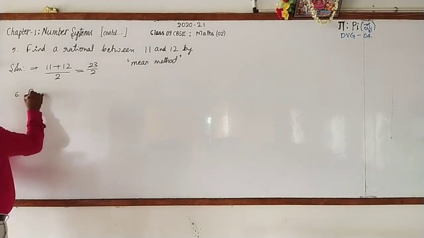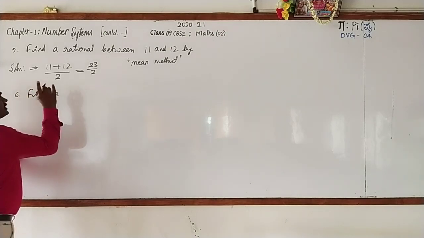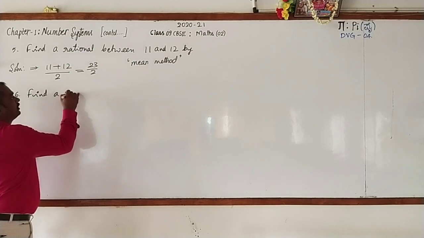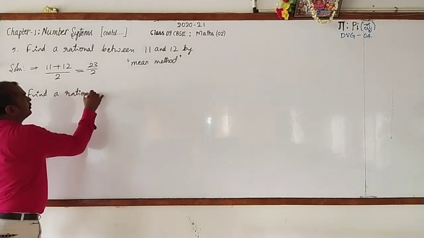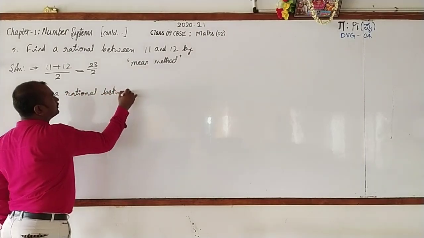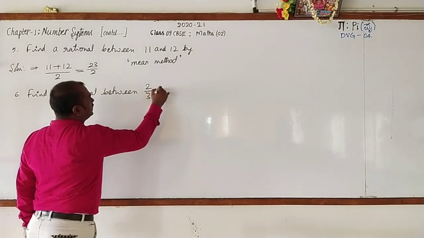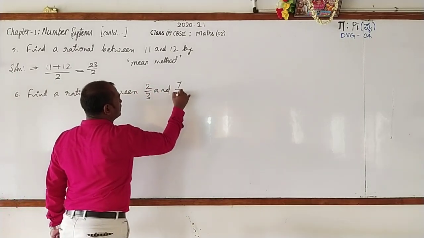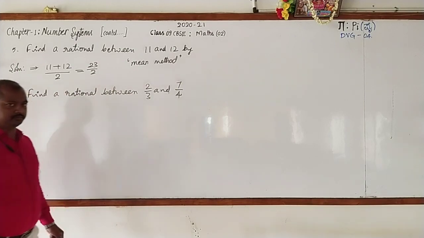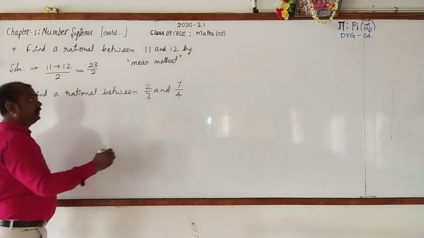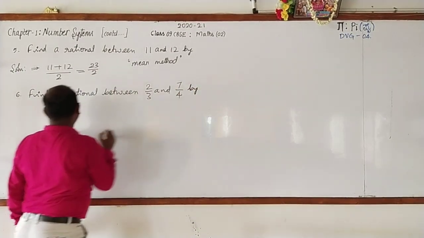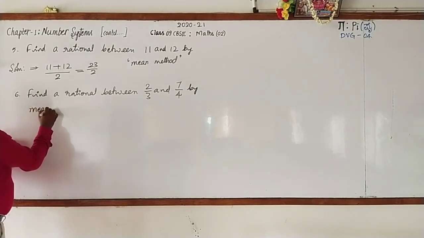Go on writing with me. Find a rational between 2 by 3 and 7 by 4 by mean method.